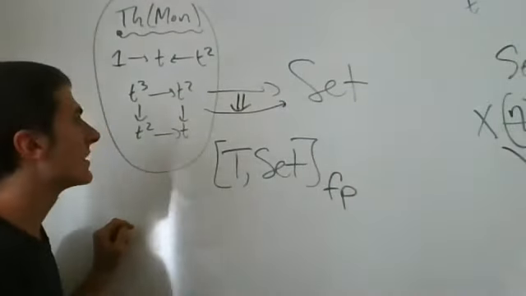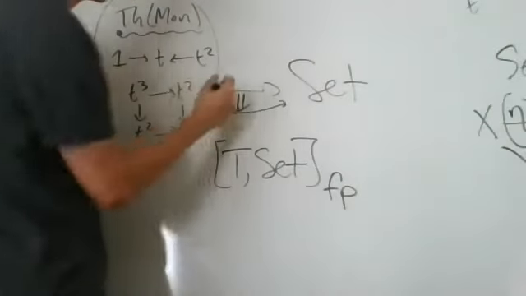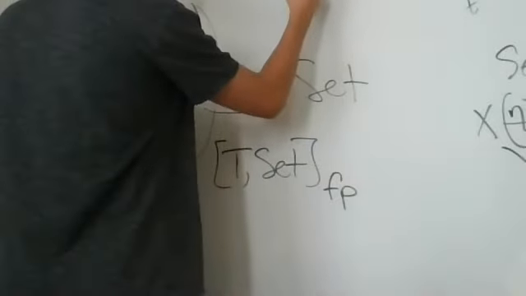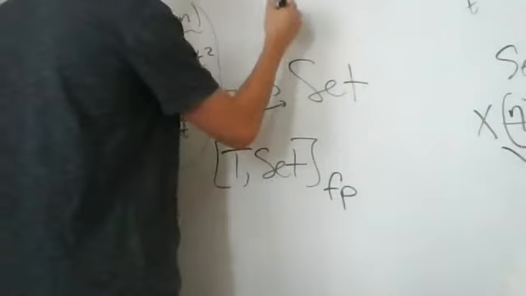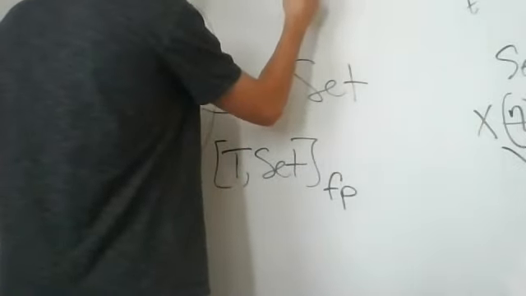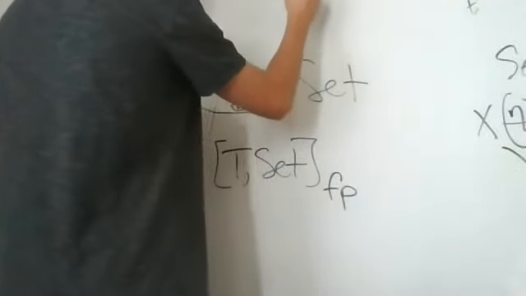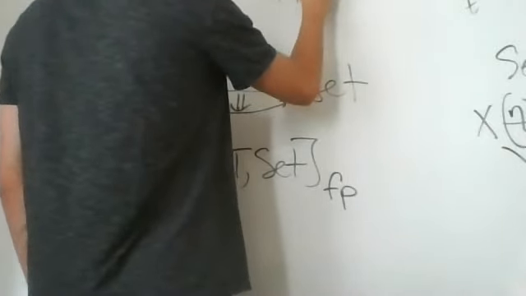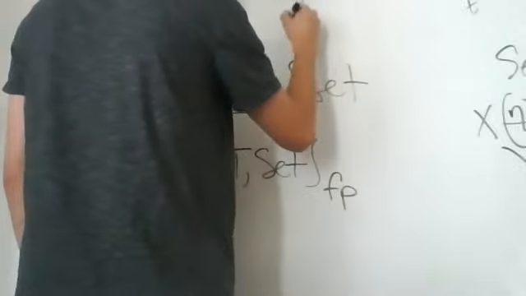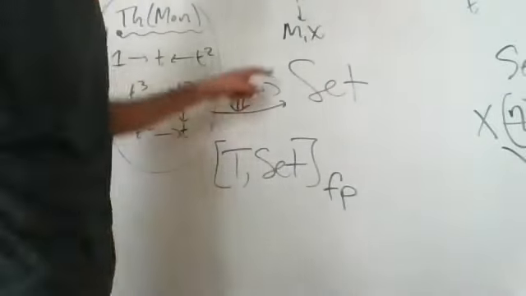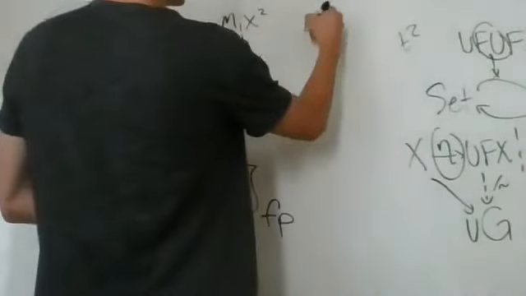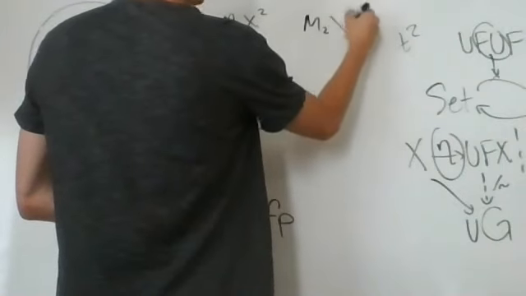So remember, a natural transformation between two functors is going to take, let's say, for example, some model, model 1, is going to consist of a bunch of n-ary operations. So this is like the underlying set of the monoid, and then you have a bunch of operations, and then you have some other model.